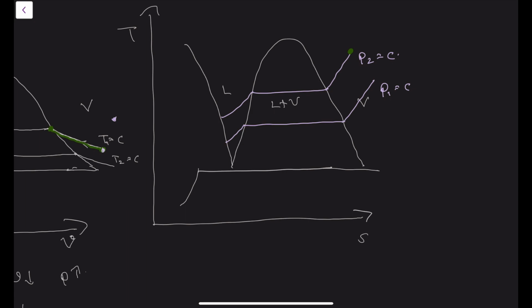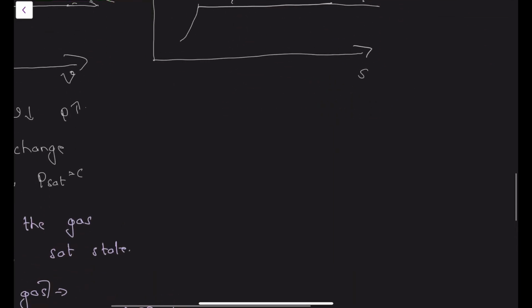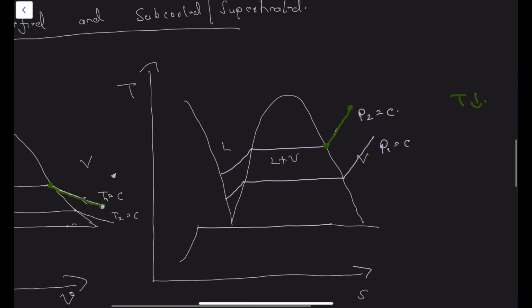If you want to reach the saturation state at constant pressure, you need to reduce its temperature. That is why that state is called superheated vapor. For a constant pressure, you need to reduce its temperature to reach the saturation temperature. That is why this region is called superheated vapor.